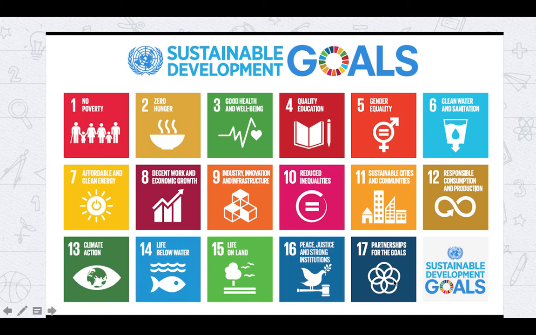We have 17 in total. We have no poverty, zero hunger, good health and well-being, quality education, gender equality, reduced inequalities, life on land, and even partnership for the goals. So your problems could stem from or take the form of these.